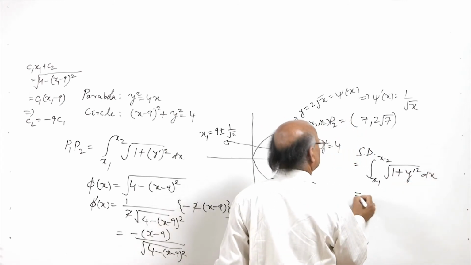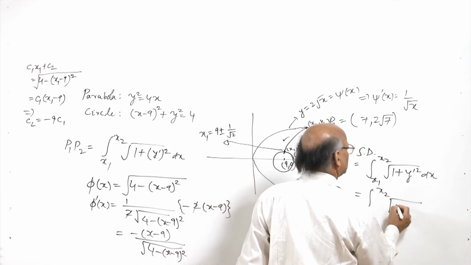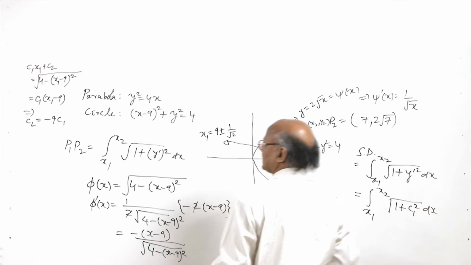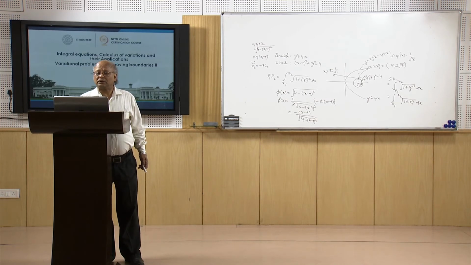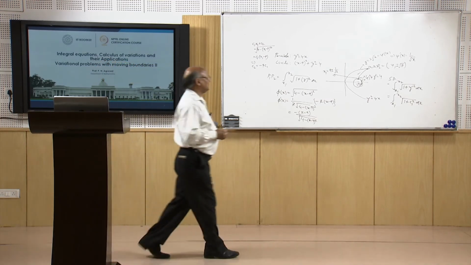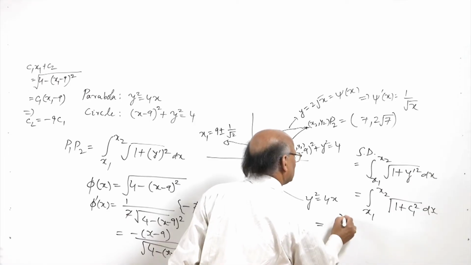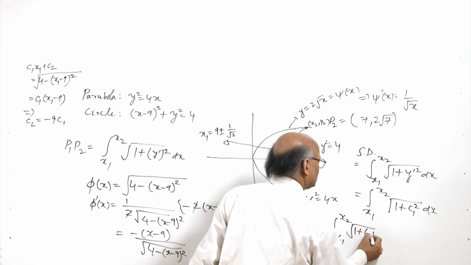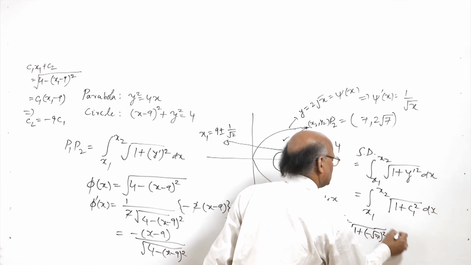By dash is equal to C1, so integral x1 to x2 under root 1 plus C1 square dx, and C1 is equal to minus root 7. So this is integral x1 to x2 under root 1 plus minus root 7 whole square dx.